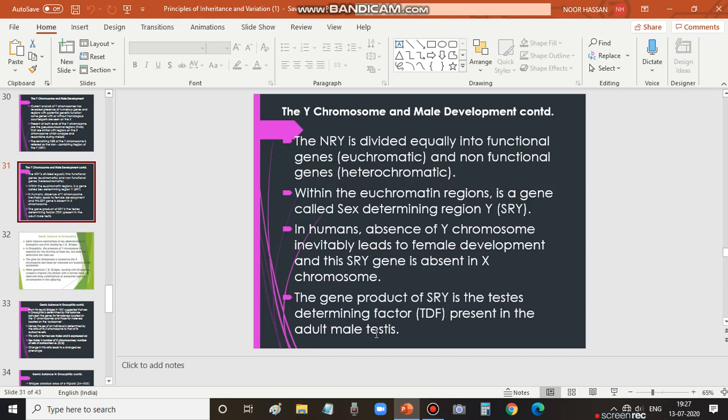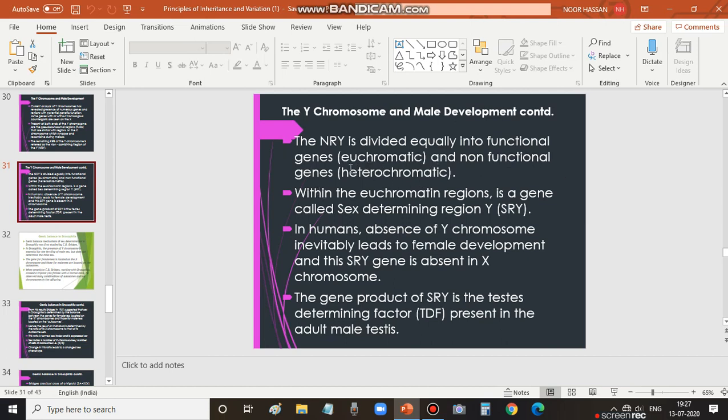We'll discuss the next one now. This NRY, the non-combining region of the Y, is divided equally into functional genes and non-functional genes.